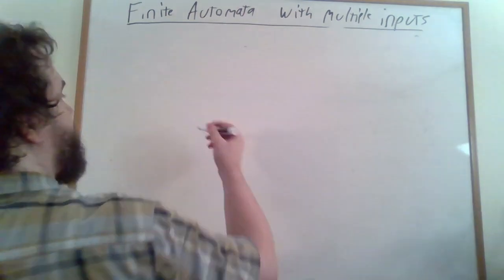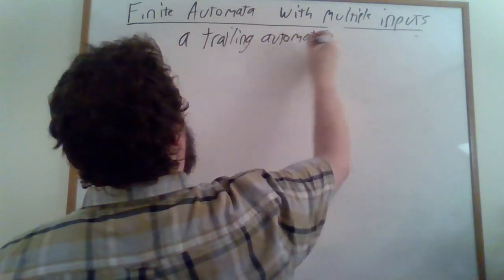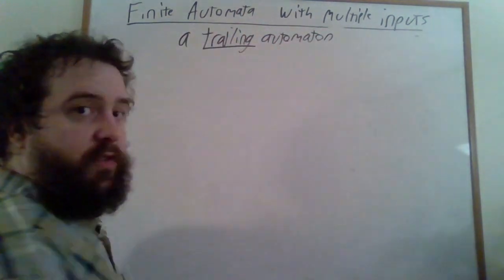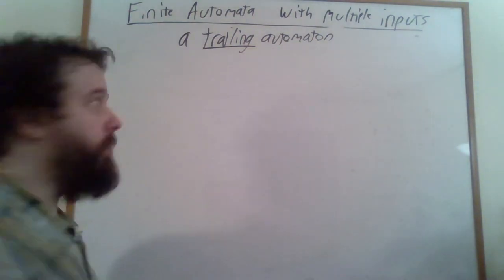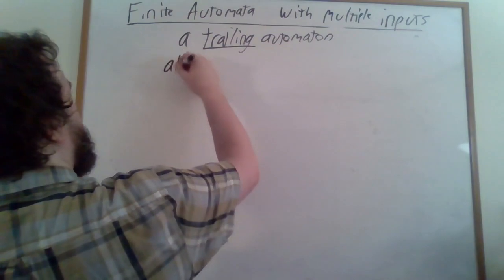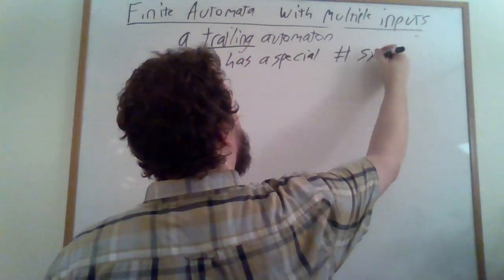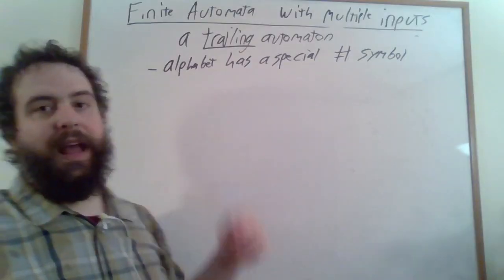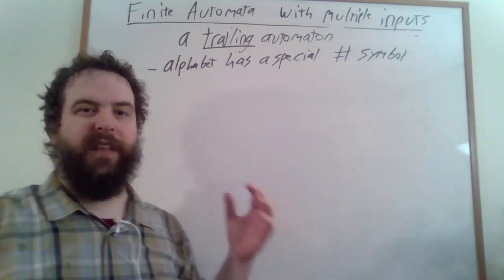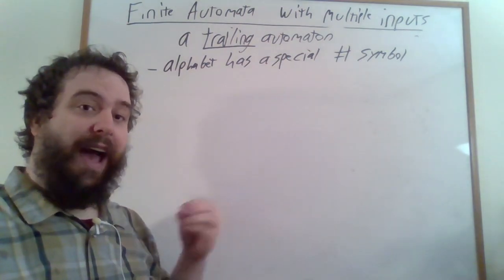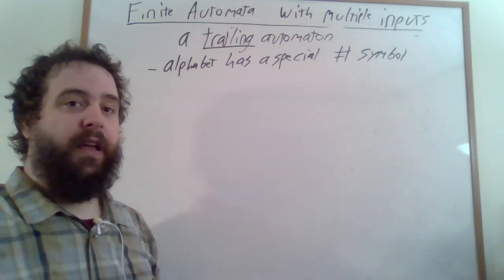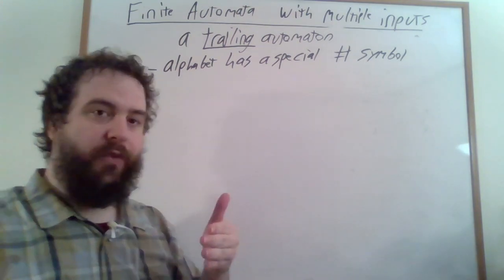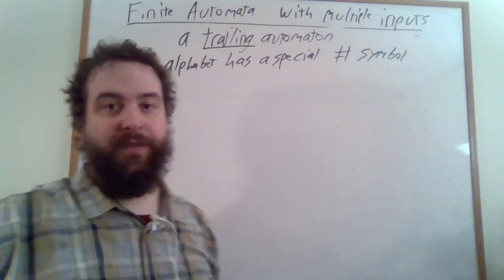So I'm going to define a trailing automaton, which is just going to be a standard finite state automaton, except the alphabet has a special end of string symbol that's only allowed to occur after the end of a string. It's not allowed to occur within the string, and it's supposed to occur infinitely at the end of a string.